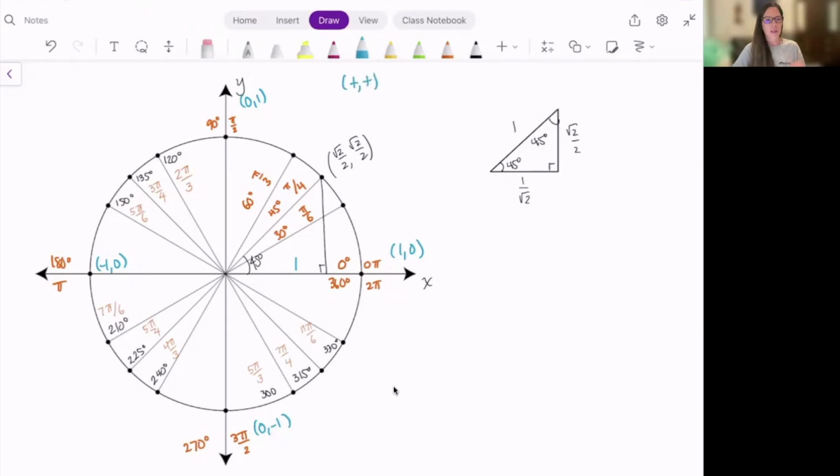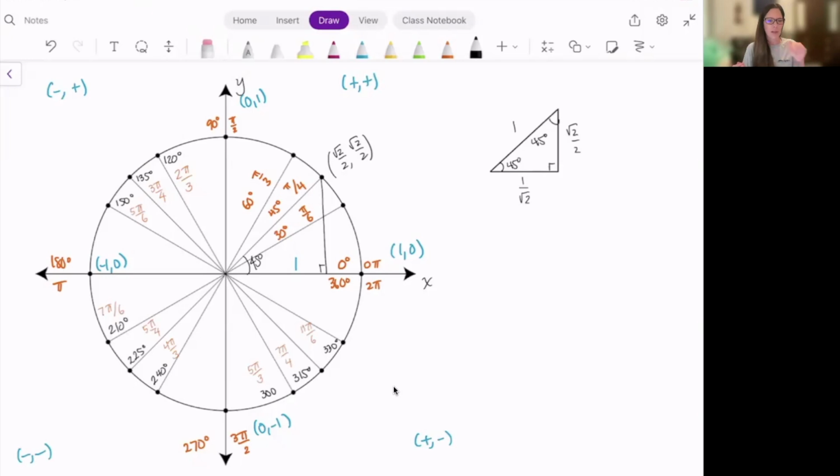All of the coordinates and trig ratios are going to be positive in the first quadrant. In the second quadrant, all the x's are negative and the y's are positive, which changes a few of your ratios. In the third quadrant, both x and y are negative, and in the fourth quadrant, x is positive, y is negative. So when I'm filling in the root 2 over 2, that's the same for all of those over 4s.